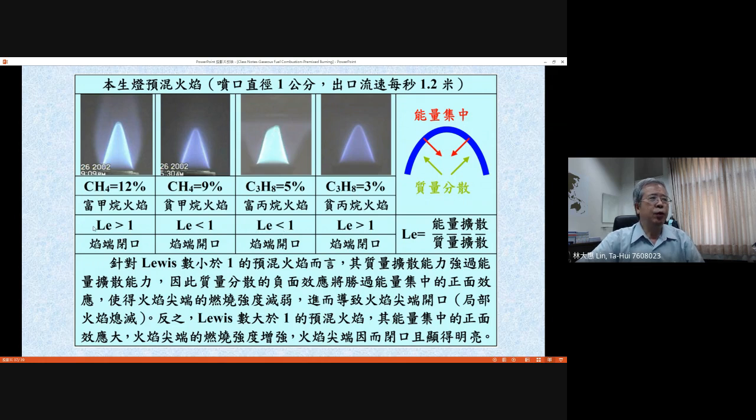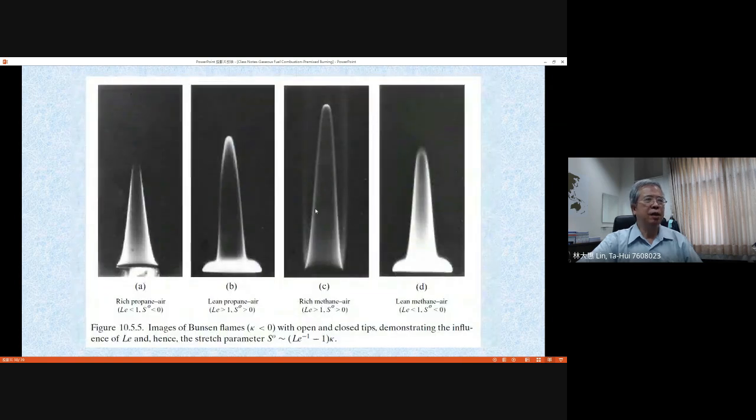Definitely, you will find the Lewis number bigger than 1 has the opposite effect. When you do the measurement, the flame temperature at this point is increased continuously along the flame surface. This is a typical example. There are some nice pictures from the previous literature, but they are black and white, but you can still see the same, right?